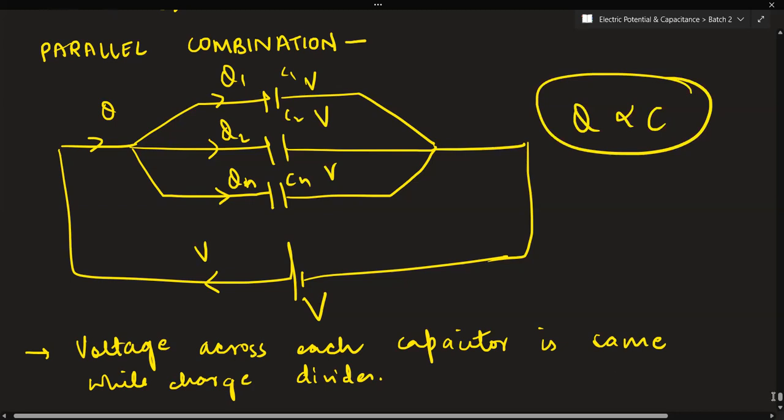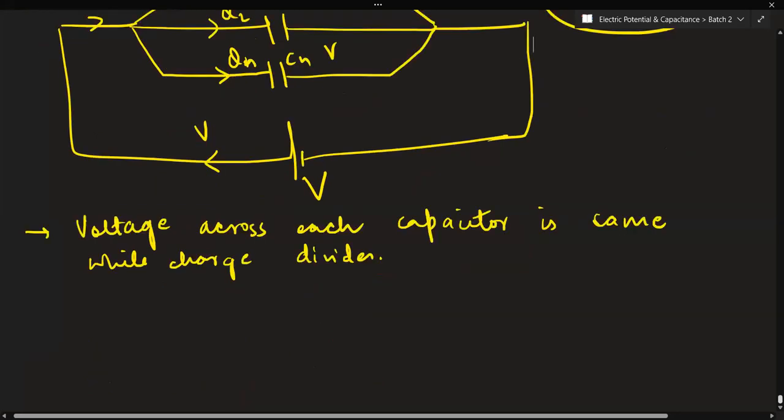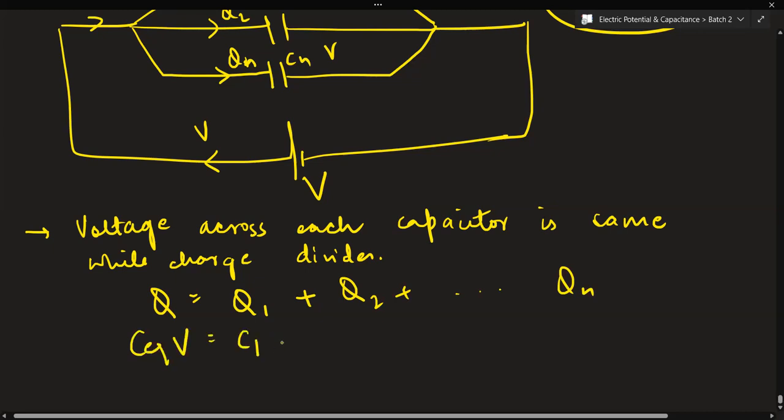But what will be the equivalent capacitance? Charges are different, so net charge will be Q1 plus Q2 up till Qn. Q is equal to CV, so this will be C equivalent potential. This will be C1 multiplied by potential of the capacitor plus C2 multiplied by potential of capacitor till Cn multiplied by the potential of capacitance.